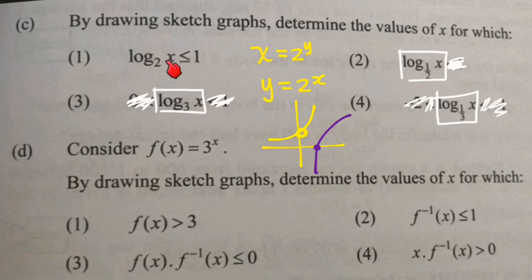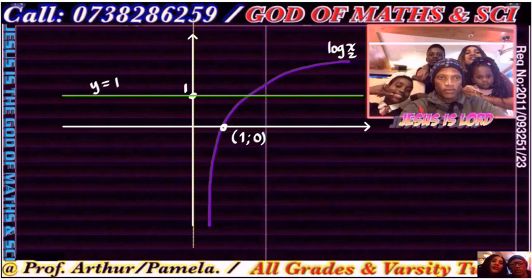Now they say the log graph is under, it's less than or equal to 1. You want where the purple is under the green. I'm going to highlight it for you in yellow.